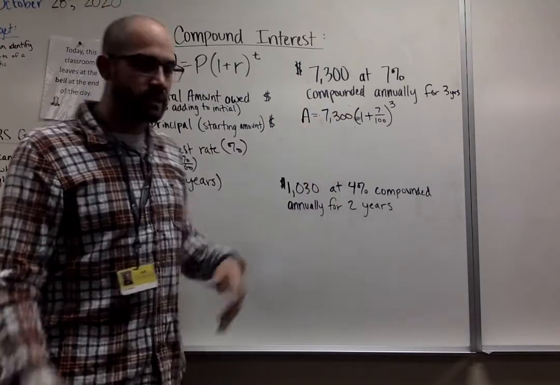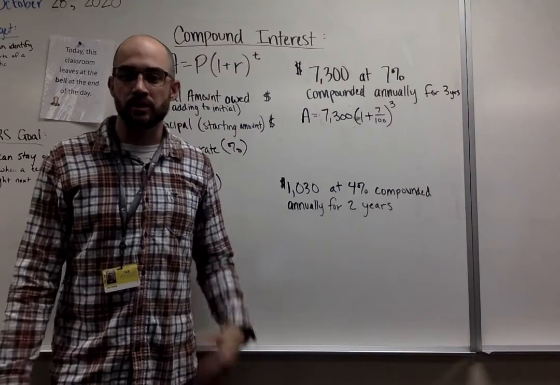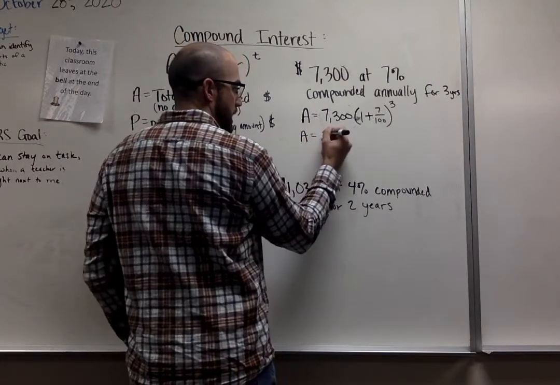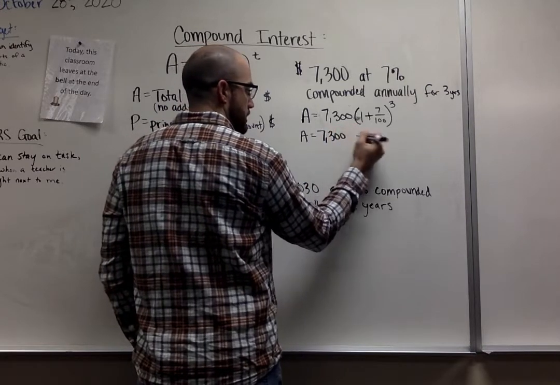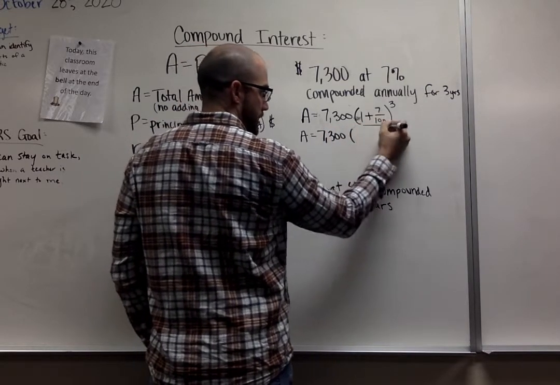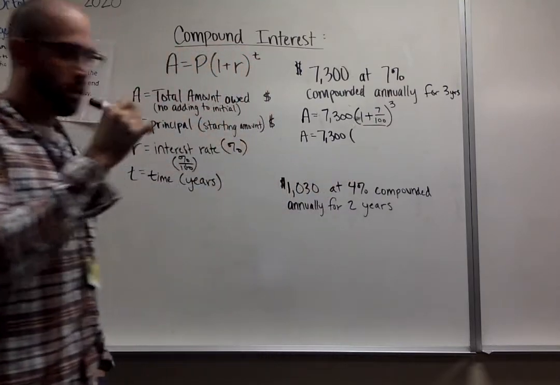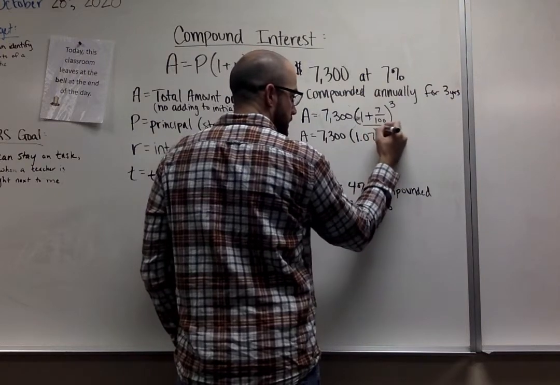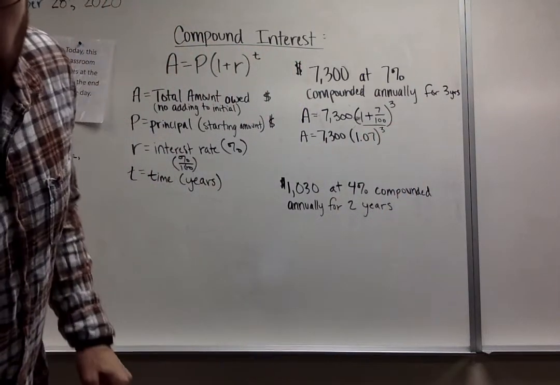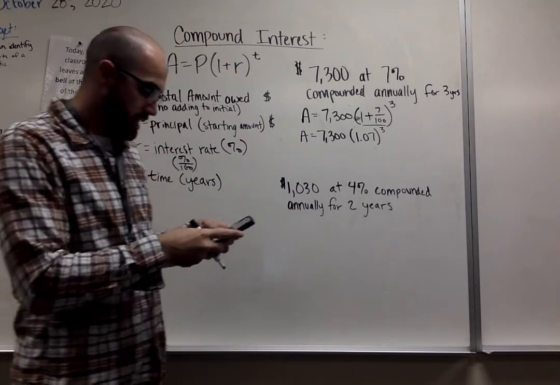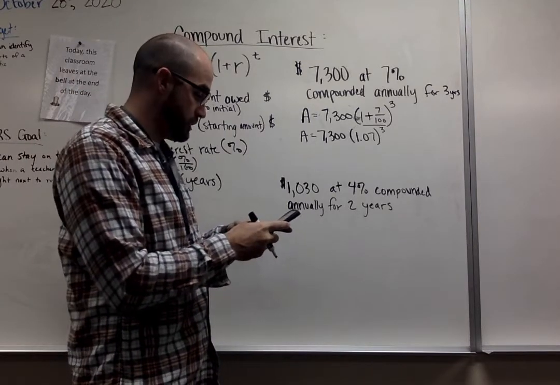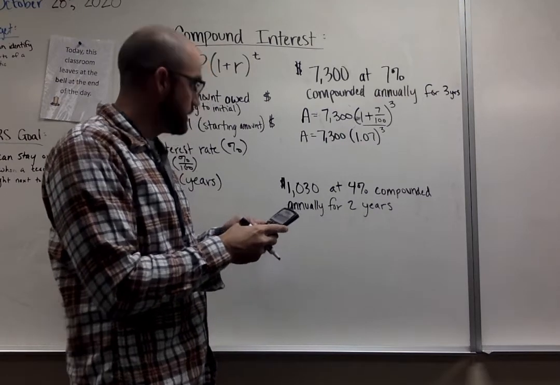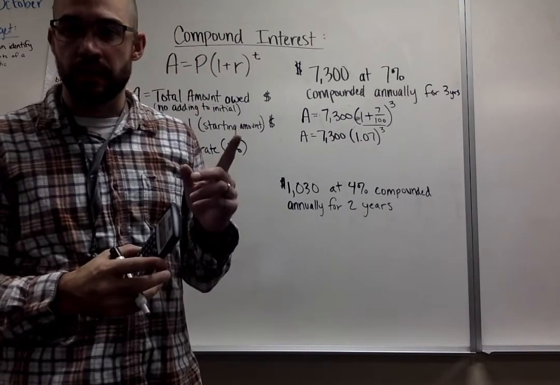Again, I'm going to show you this in-between step. You don't necessarily need to do this. If you're doing this all on your calculator, you should probably be able to do this just okay. But if I'm going to go through and show you that middle step, we've got A equals 7,300. Again, that's still my principal. I'm going to simplify what I have inside here. So 1 plus 7 over 100 is going to be 1.07 to the third. We go to our calculator. So I'm going to hit 7,300, parentheses, 1.07, end parentheses, and then again we hit the caret key to get anything to a higher power.